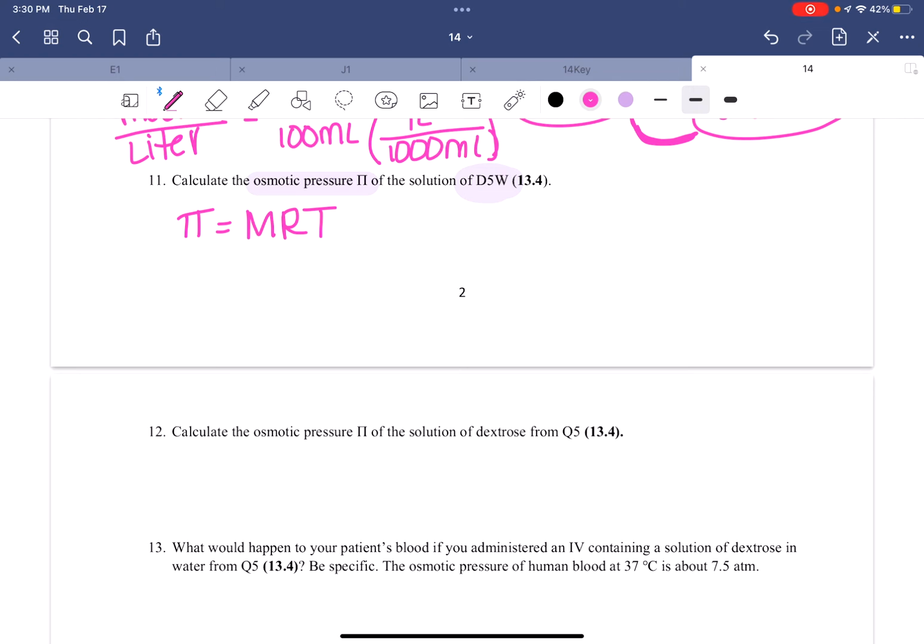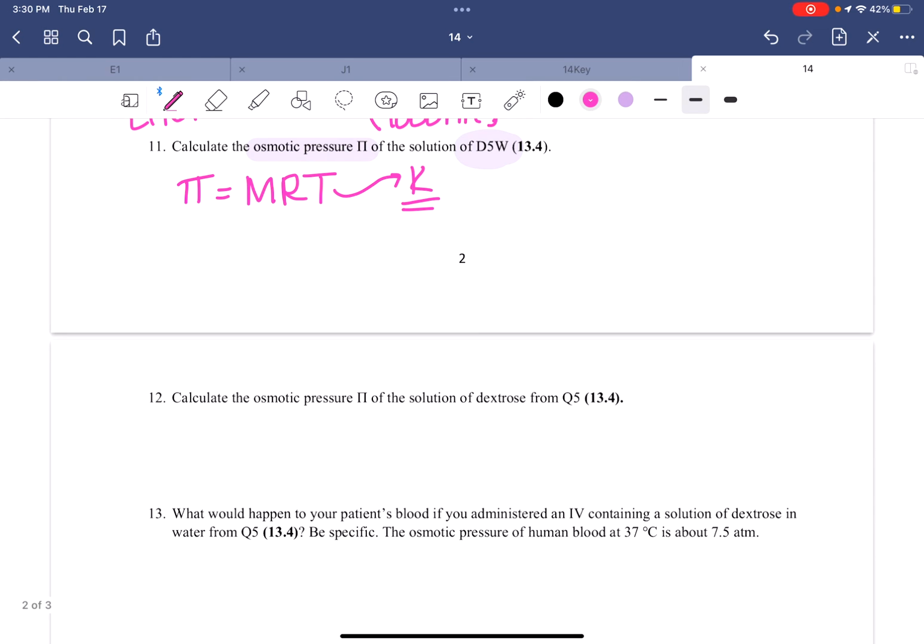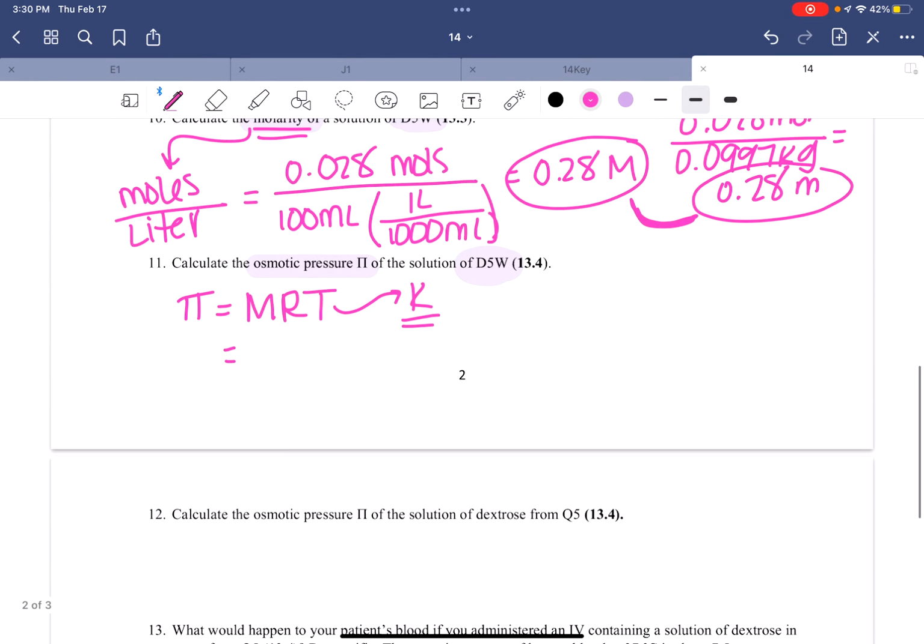But just one thing to watch out for, temperature should be in units of Kelvin. So we can start plugging things into our osmotic pressure formula. We already know the molarity. We have that from question number 10, so we're going to plug that in.